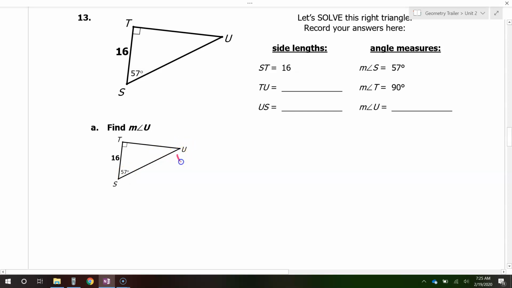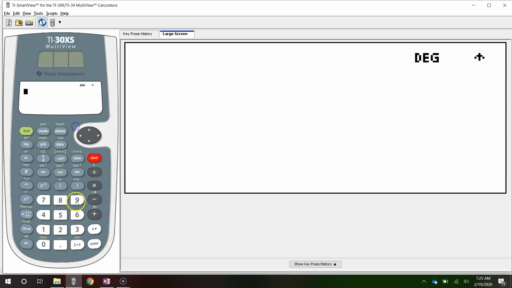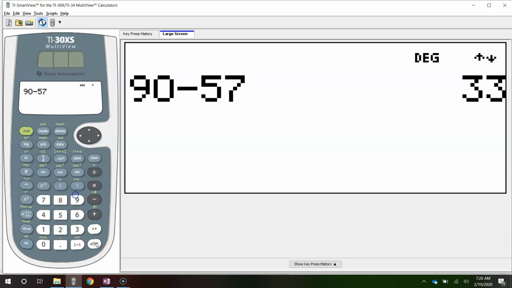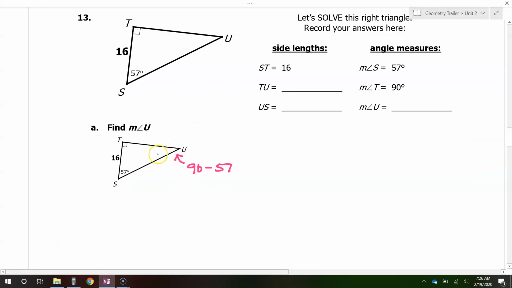So the other angle should simply be 90 minus the first angle, 90 minus 57. So that is going to be 33. Okay, so the measure of angle U is 33 degrees.